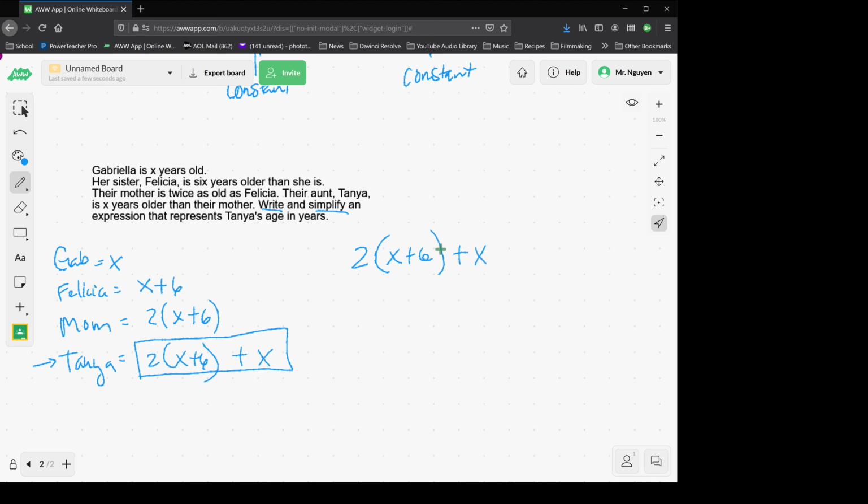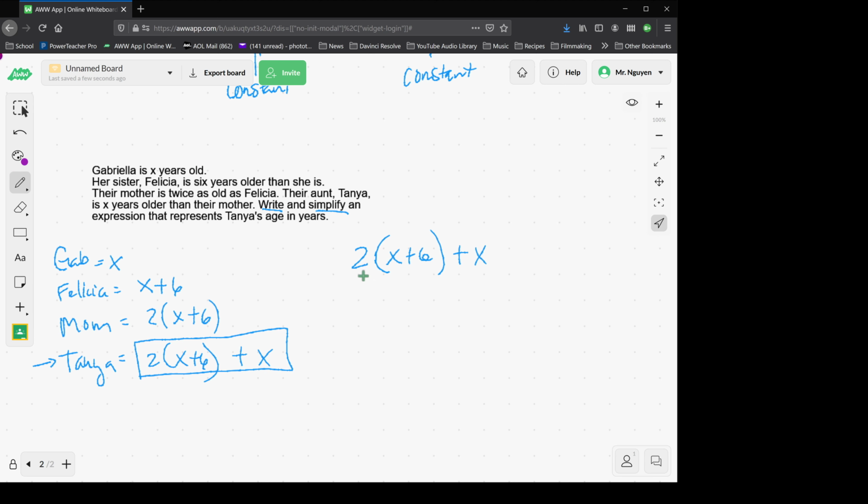Whenever you see parentheses, you can't add and subtract anything until you get rid of those parentheses. Usually what the parentheses mean is there's something you have to multiply first, before you can make the parentheses disappear.